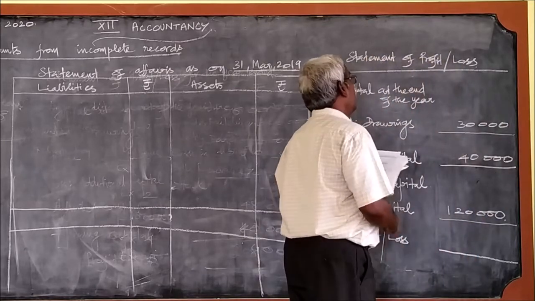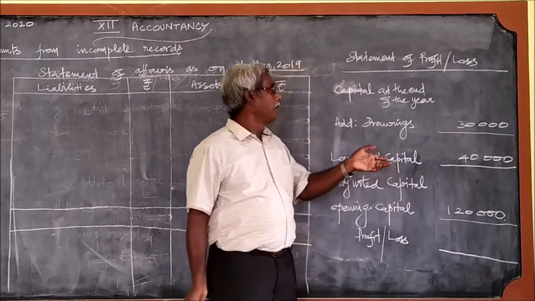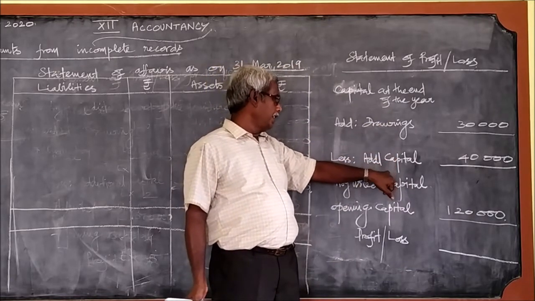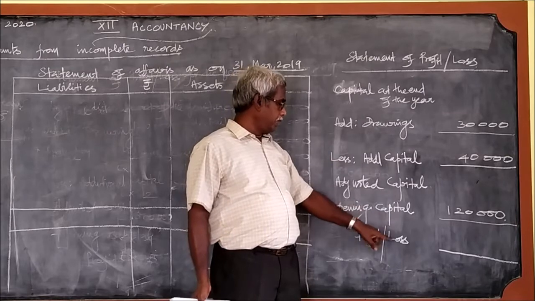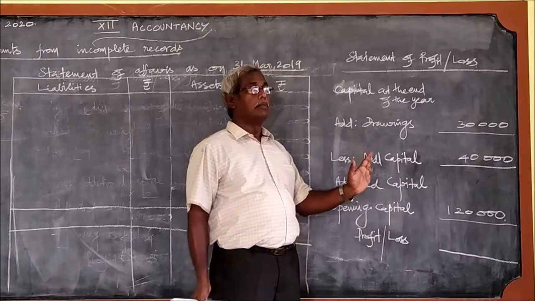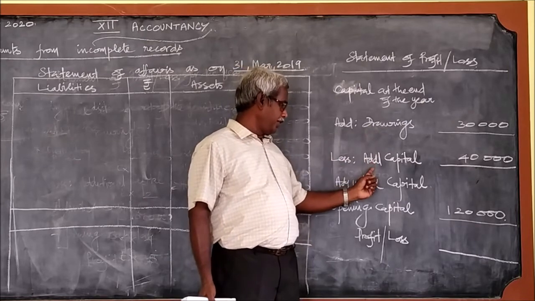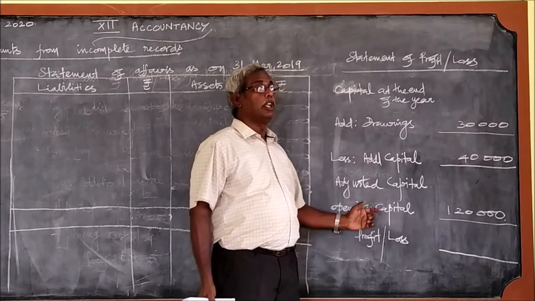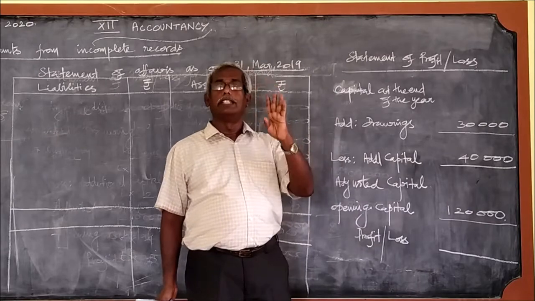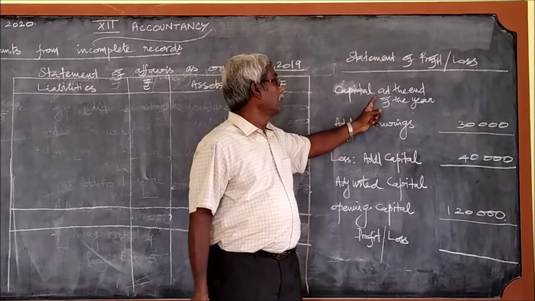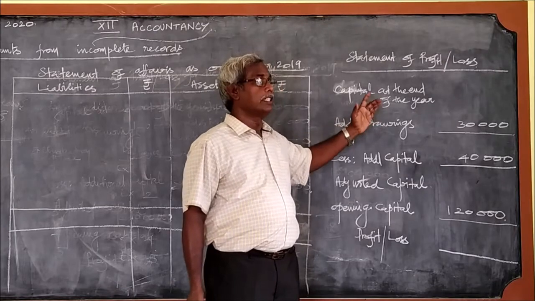Yes, we require capital at the end, drawings, additional capital and opening capital to find the profit or loss. But in this problem, we are given drawings, additional capital, opening capital, only these 3 items. What about the 4th item, capital at the end of the year?